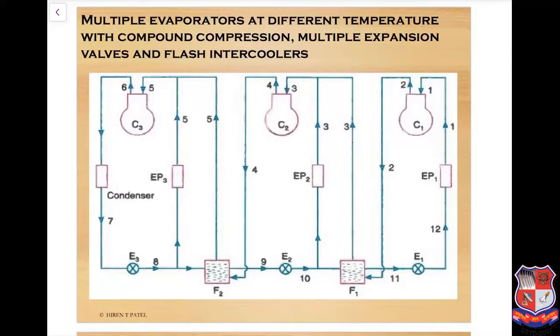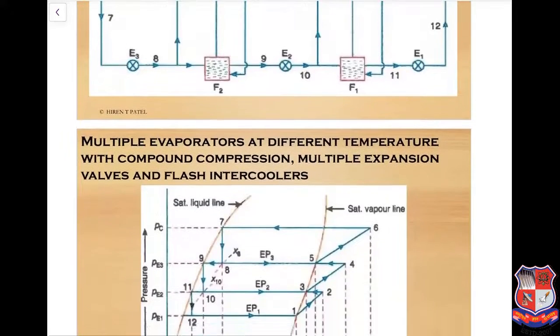Now the next system is multiple evaporators at different temperatures with compound compression, multiple expansion valves and flash intercooler. So instead of having individual expansion valves, multiple expansion valves means the mass circulated through evaporator 1 has to pass through every expansion valve.